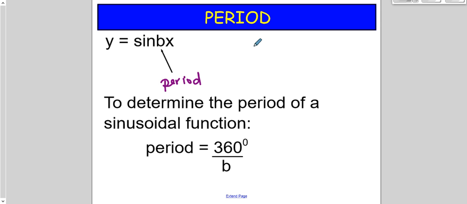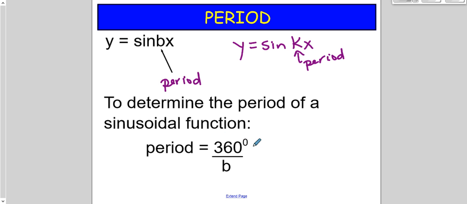Just to make reference, I like to use B because now we've used the variables A, B, C, D. But in many other textbooks, and some teachers like to use K. So if you see a K, it's also still just the period. It does not matter which letter we use, these are just variables anyway, but I always like to use A, B, C, D. So that's why you're going to see a B in there.